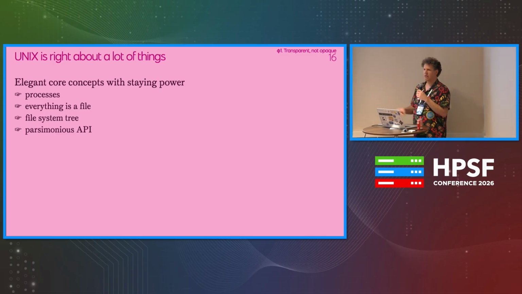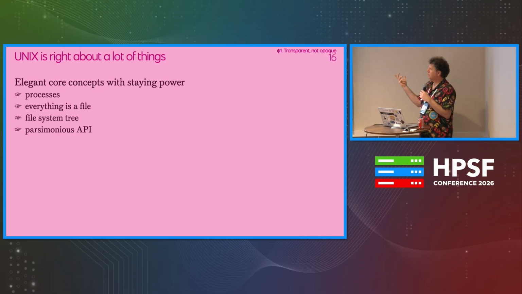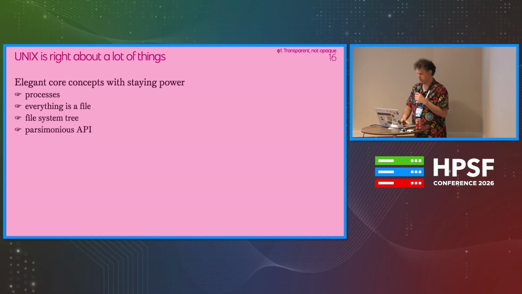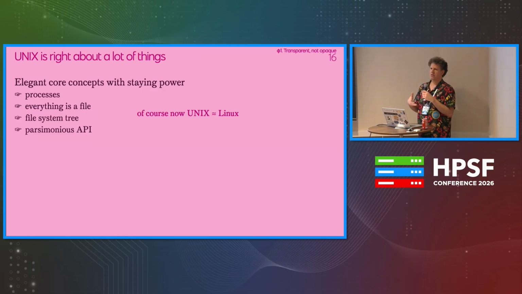Everything is a file. Files are unstructured, just a sequence of bytes. We have a single file system tree, in contrast with DOS and Windows with the drive letters notion. The API for Unix is pretty parsimonious. And nowadays, of course, Unix almost always means Linux, but it's the same idea.